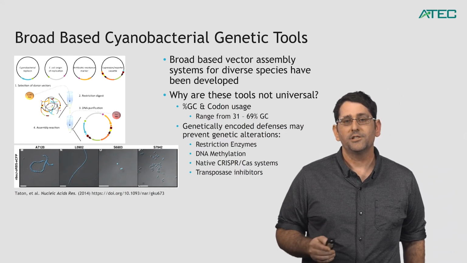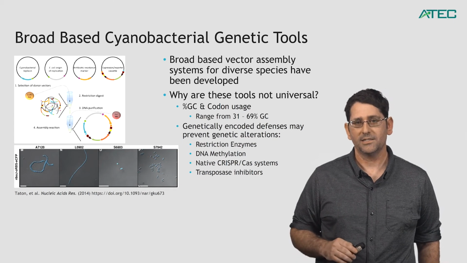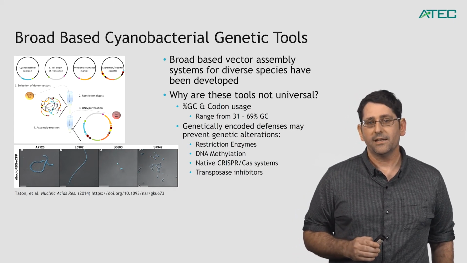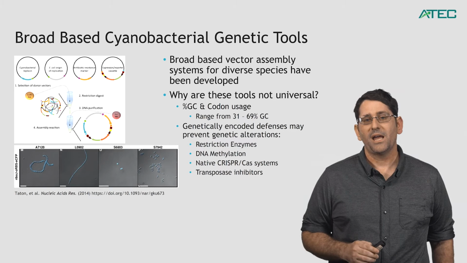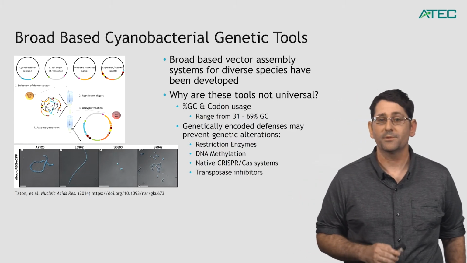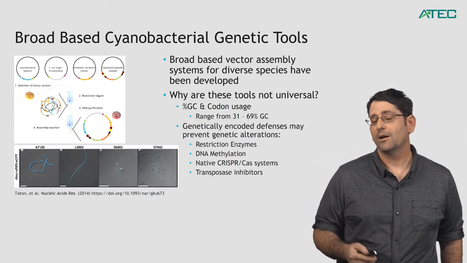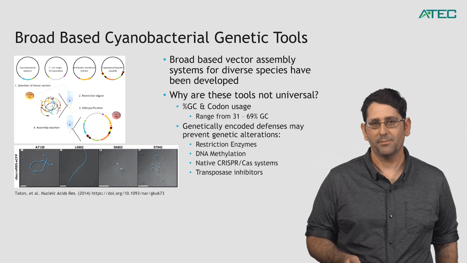As well, there are often genetically encoded defenses against exterior DNA, against exogenous DNA, things that the cell would otherwise think are viruses or some other parasitic pieces of DNA. So restriction enzymes, DNA methylation, native CRISPR-Cas systems, and transposase inhibitors all can become deleterious to our efforts to be able to transform and manipulate cyanobacteria.